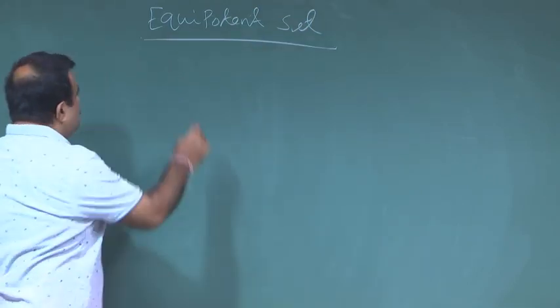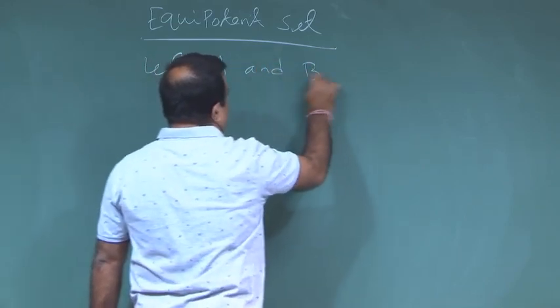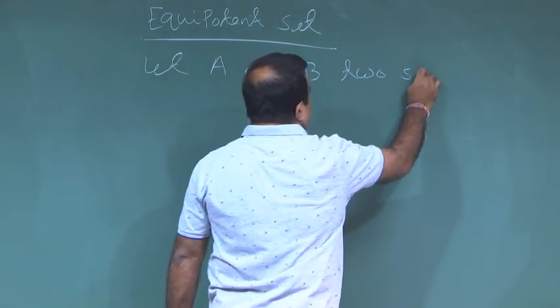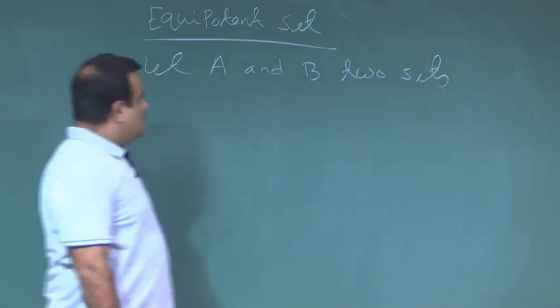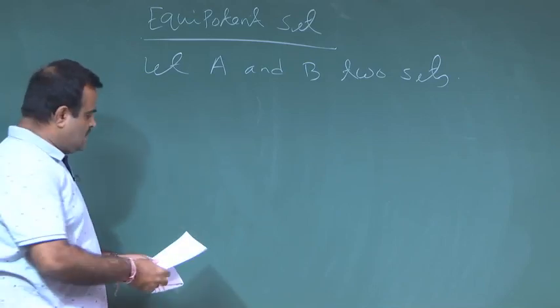Okay, suppose we have two sets, let A and B. Now, we define a relation which is called the equipotent relation.